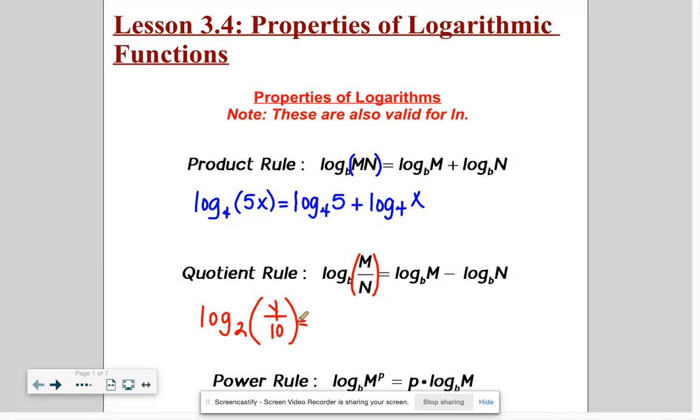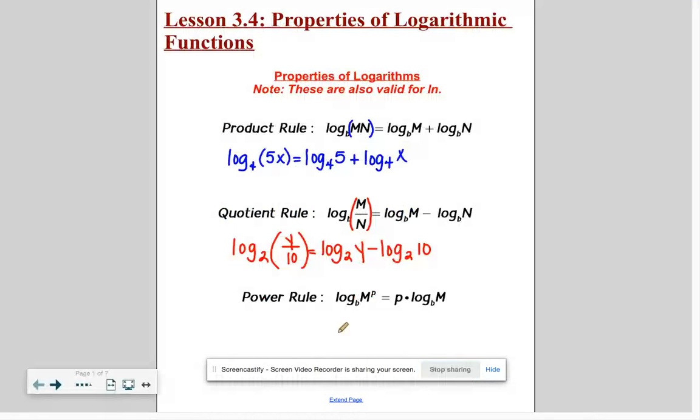Using the logarithmic quotient rule, I can say that quotients equal subtraction. Therefore, I could write it as log base 2 of y minus log base 2 of 10. By the way, it does have to be the numerator first and the denominator second with this rule.